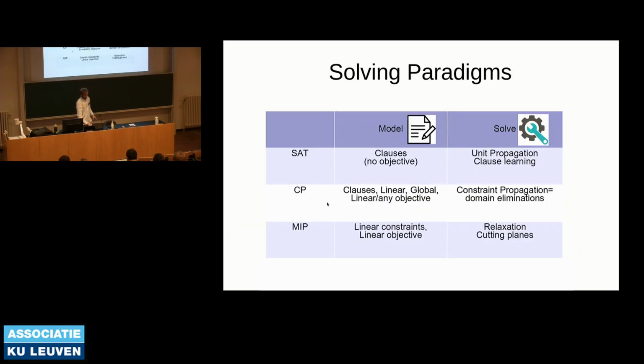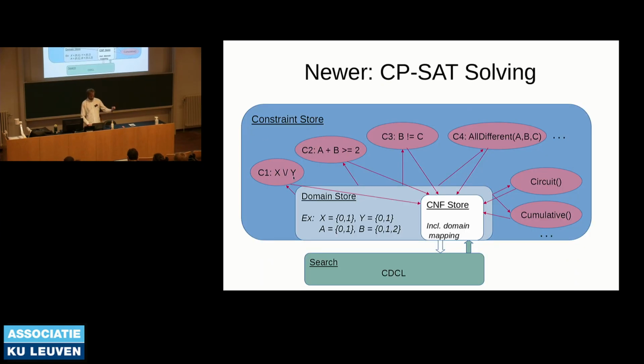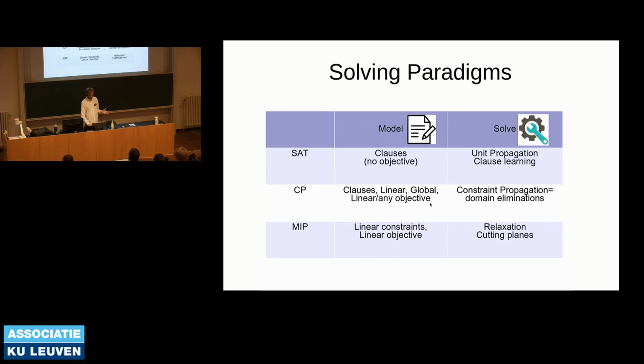Okay, so I now gave a hint of how constraint programming solvers work. And because each of these constraints has their own propagation routine, that's why you can have, for example, also this all different global constraint, a multiplication constraint. There's no restriction. There's a lot less restrictions here.